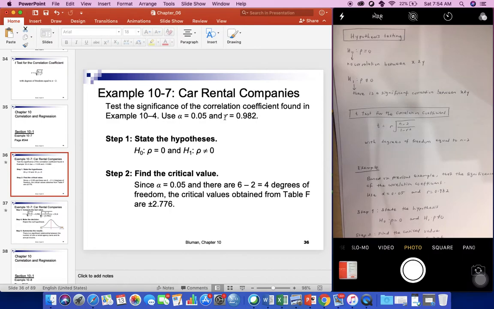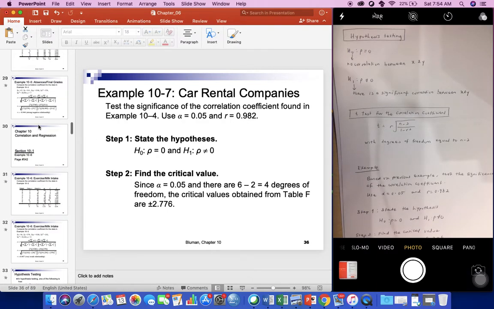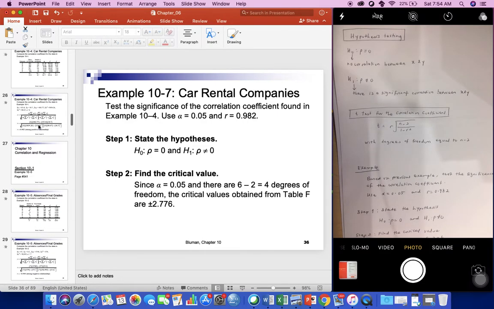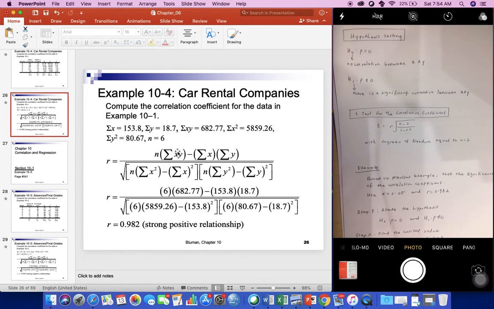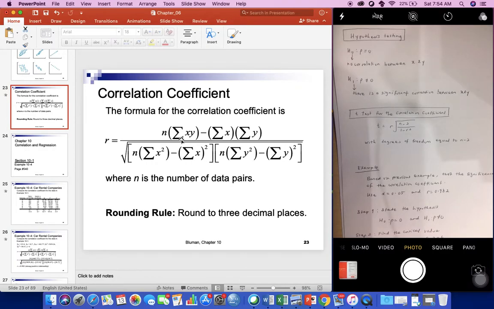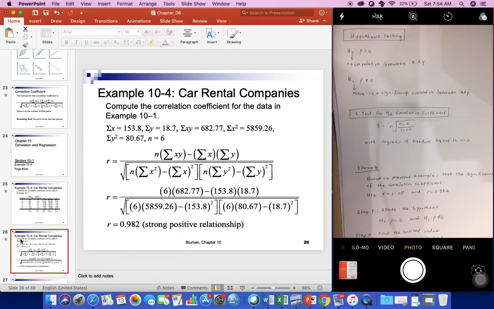And R, what is R? R is the relationship, 0.982. How do we find the value of R? We already searched for the value of R before, by using the correlation coefficient formula.